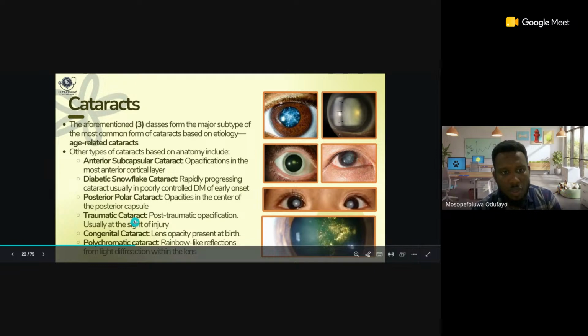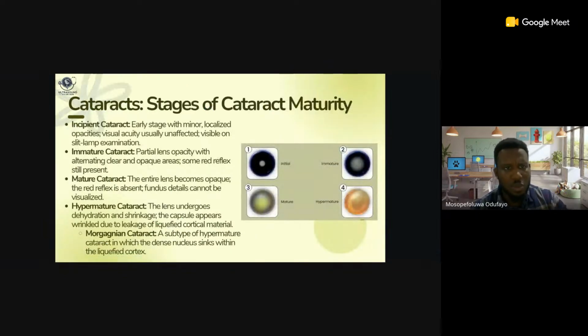Then traumatic cataract, which is post-traumatic opacification, usually at the site of the injury. Congenital cataract and polychromatic cataract, which shows rainbow-like reflections from light diffraction within the lens. Different types. No need to bother your head about that.